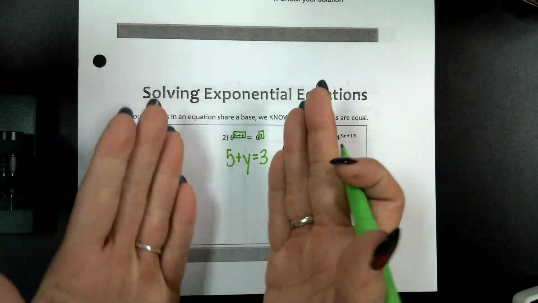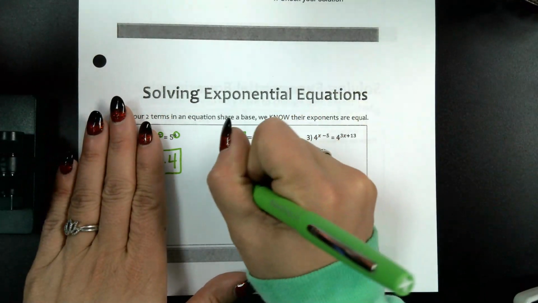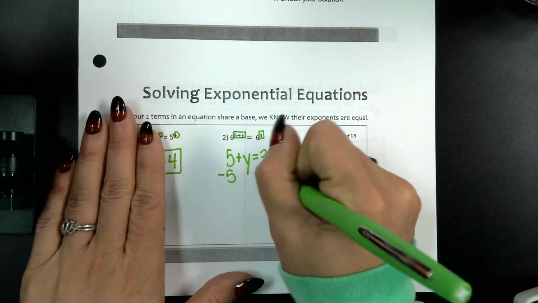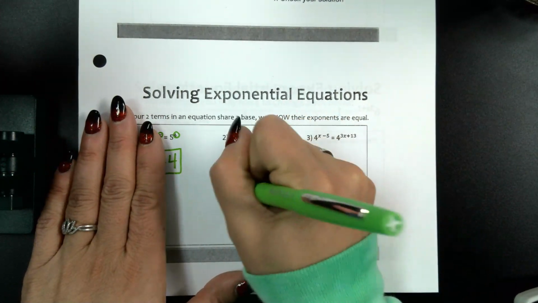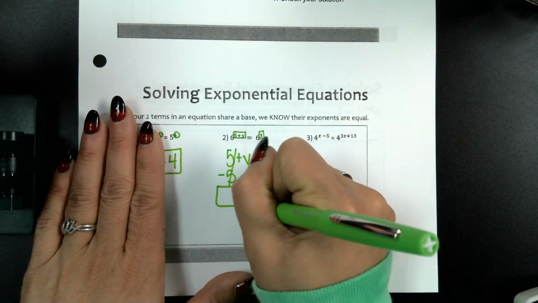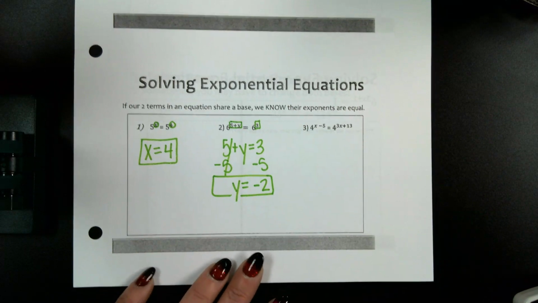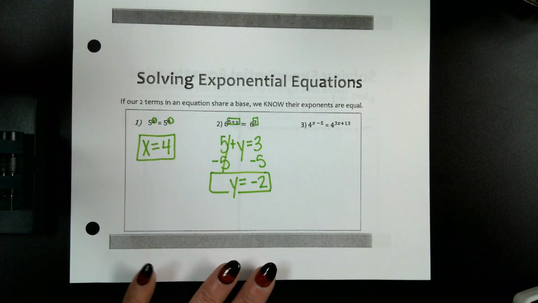Now this one we have to solve, right? It's just a one-step equation though, so how do I solve it? Yeah, your answer was right. I just wanted to say what the step was. We subtracted 5 from both sides. We got an answer of y equals -2.